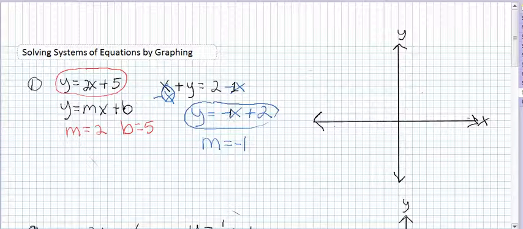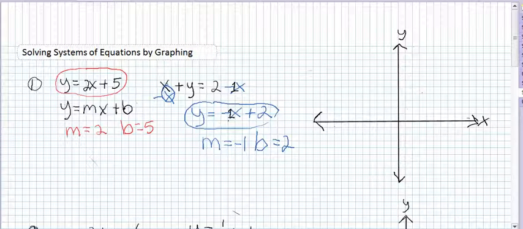So my slope is -1, and my b is 2. Okay, so now I have all the information I need in order to graph both lines.